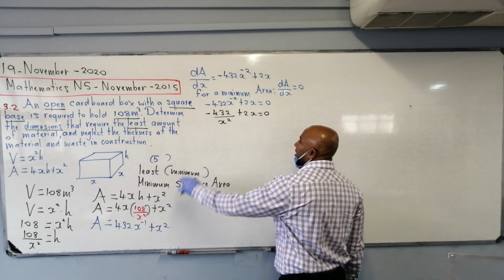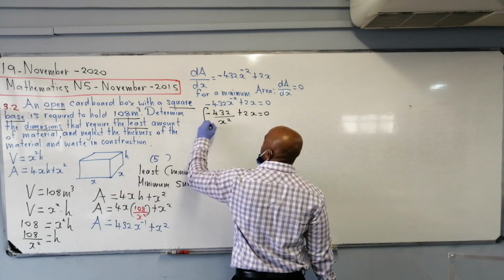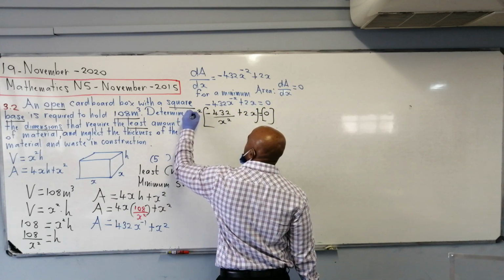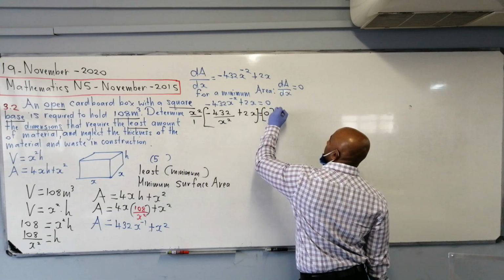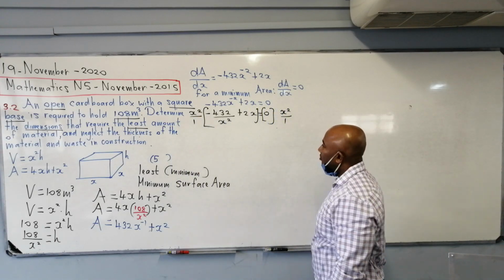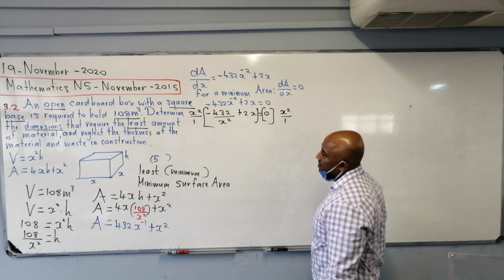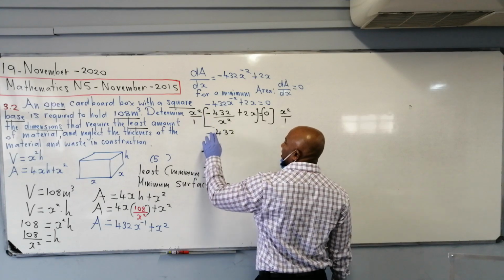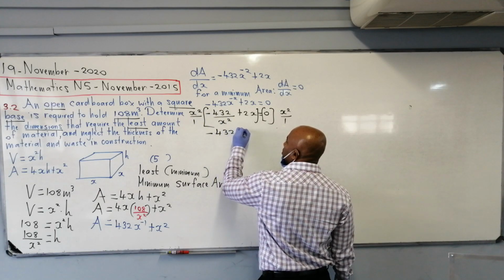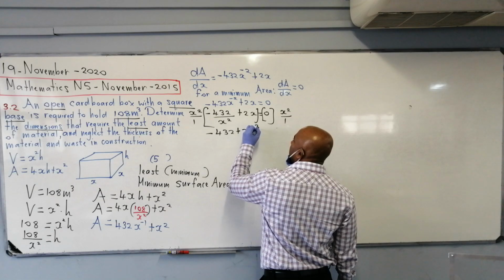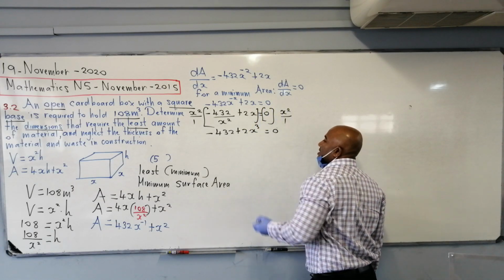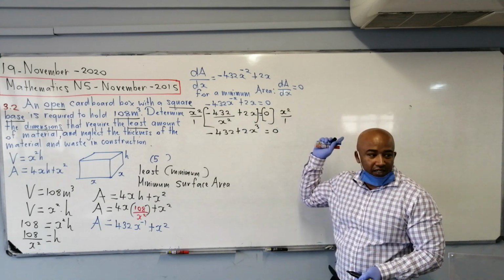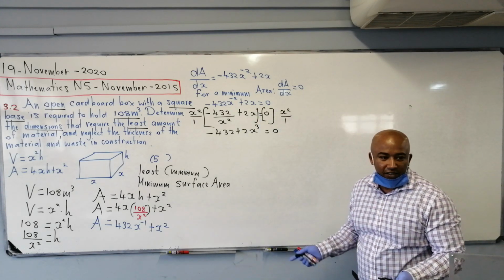I can multiply by x squared on both sides. So if I multiply by x squared, I'm left with minus 432, because x squared and x squared will cancel. 2x times x squared will be 2x to the power 3, and 0 times x squared is 0. Or if you wanted to, you could just take 2x to the right and cross multiply. You're going to come to the same thing.